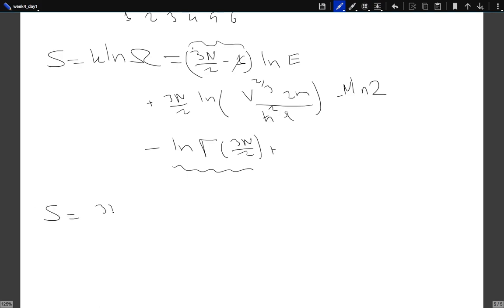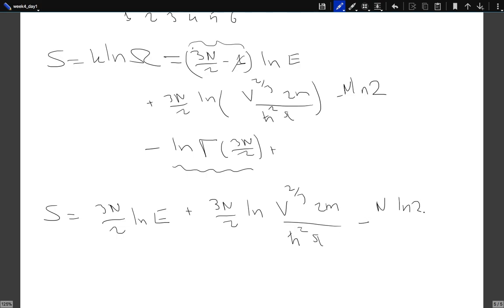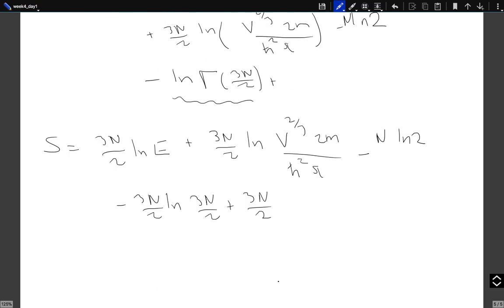So S is 3n over 2 logarithm of e plus 3n over 2 logarithm of v to the 2/3 times 2m over h bar squared pi, minus n logarithm of 2, minus 3n over 2 logarithm of 3n over 2, plus 3n over 2. This is the entropy we have.